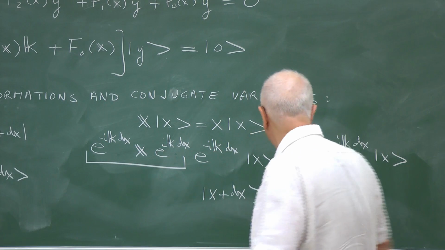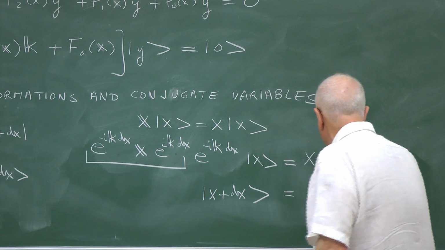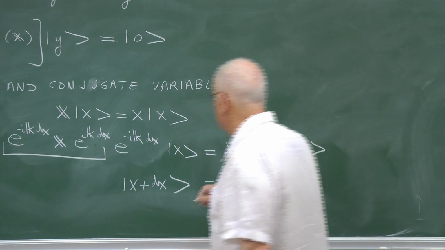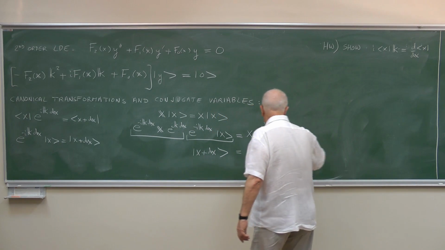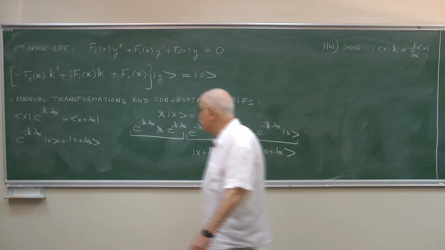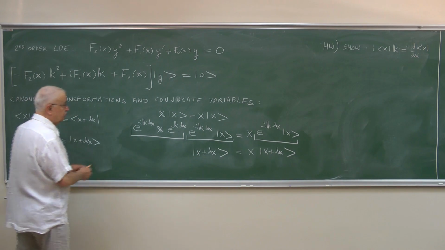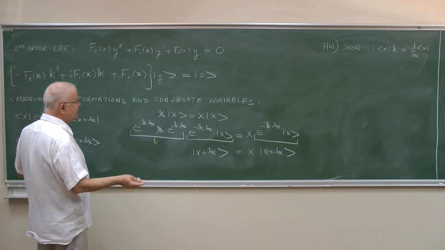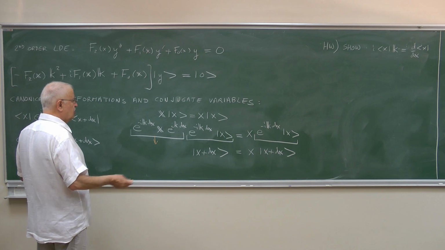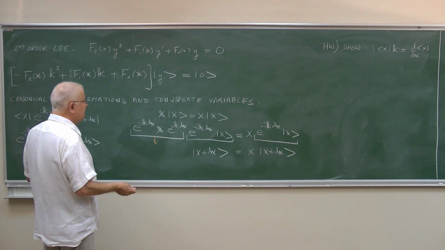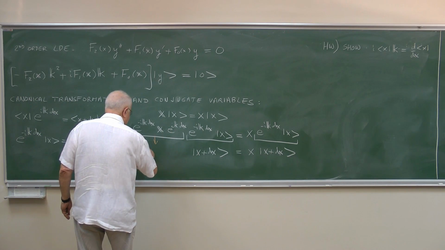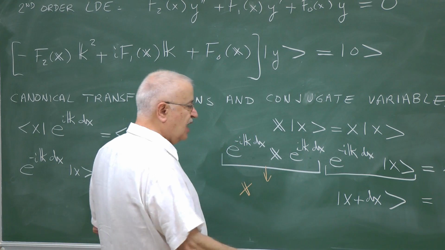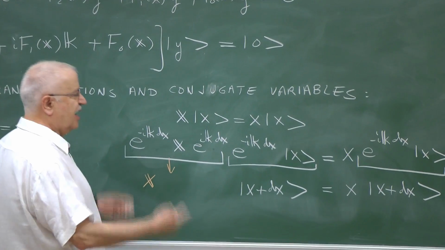I know it from here. This equals to x times, again, x plus dx ket. So I'm grouping these together. Now, what should I have here? You see, dx is basically 0. So this combination will be basically x. But that won't do, because when x hits this ket, it will bring out x plus dx as the eigenvalue.